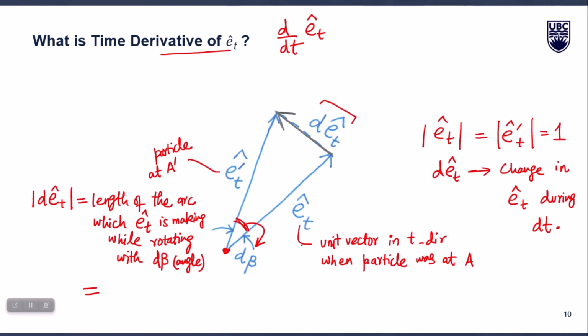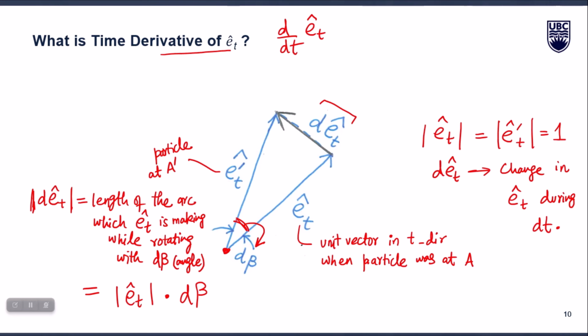So we can determine the magnitude of this vector, which is the radius here, E sub t, times the angle which is d beta, right, d beta.